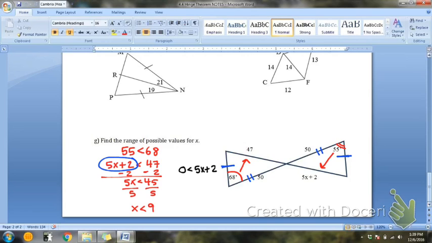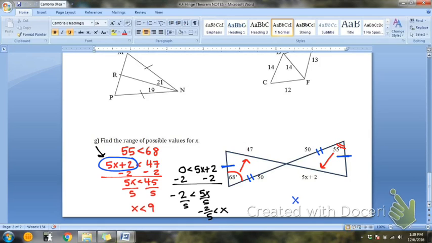Remember I said if x is on the left side of the inequality, which it is over here, then you need to make sure that you set it greater than 0. And you get x to be greater than negative 2/5.